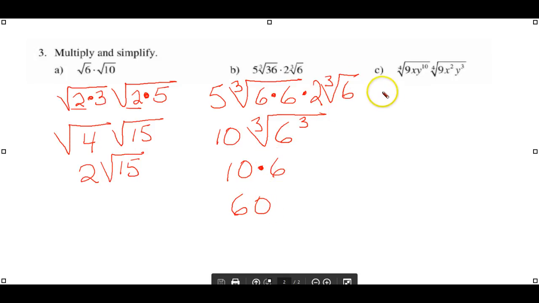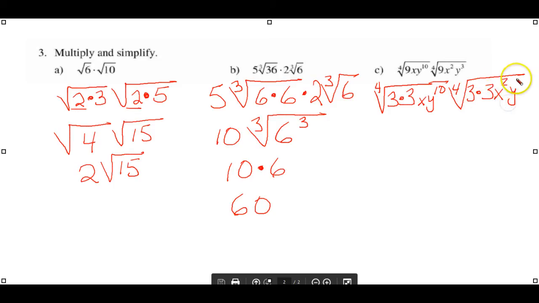Alright, let's look over here. So we have in our first one 3 times 3, and I have to put a 4 there, and this is x y to the 10th. Now some of this you can do mentally, and this is 3 times 3, x to the 2nd, y to the 3rd.